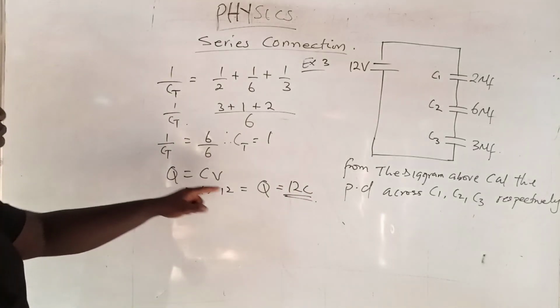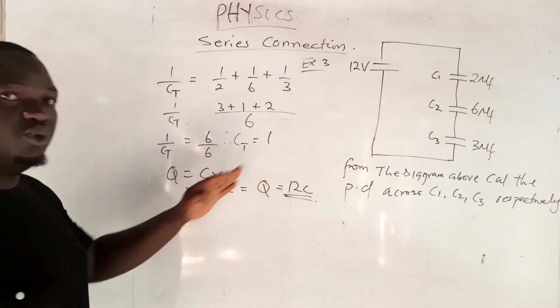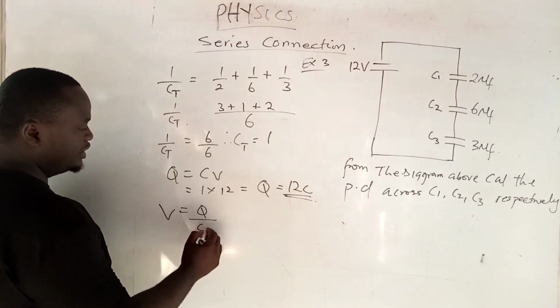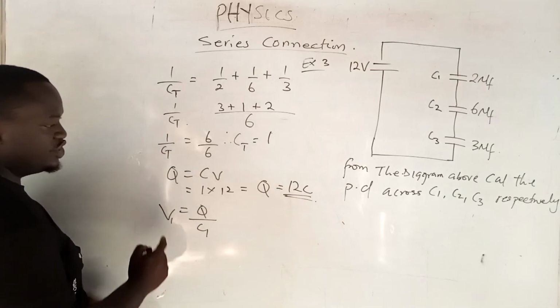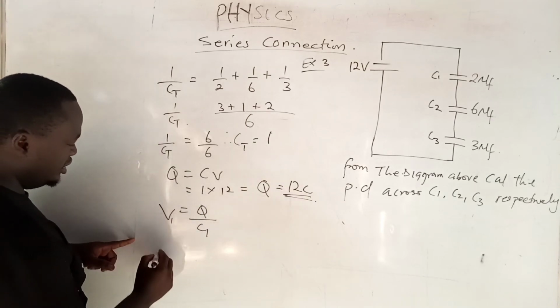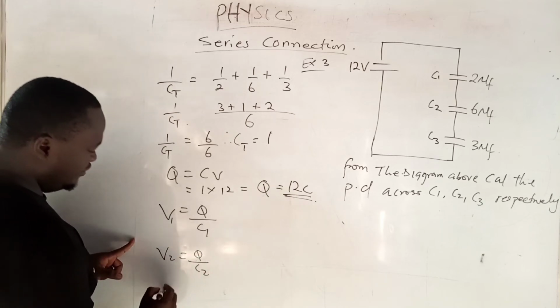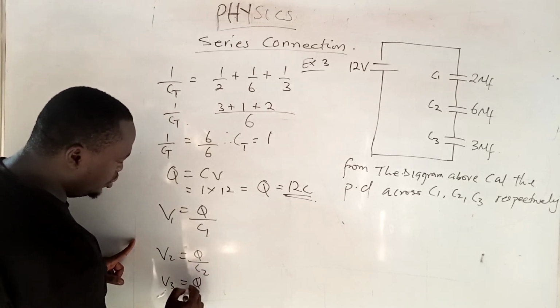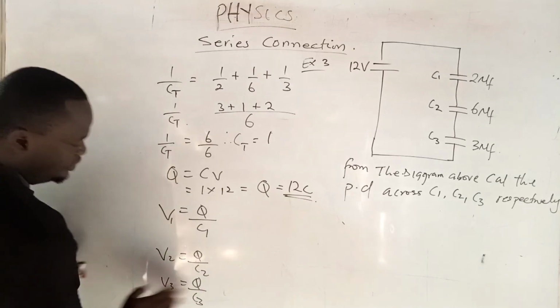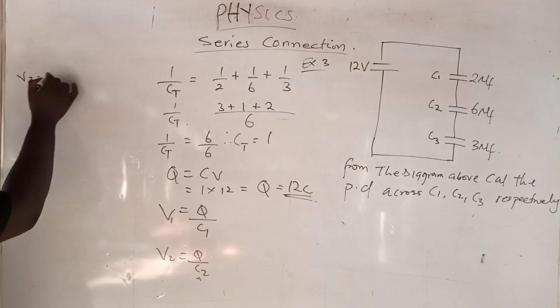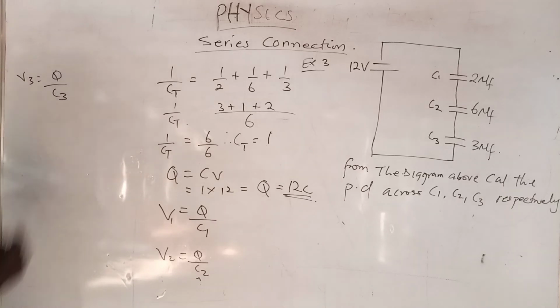Now, from here, we want to get the voltages, which are different. So V is equal to Q all over C. V1 is Q all over C1, V2 is Q all over C2, and V3 is Q all over C3.